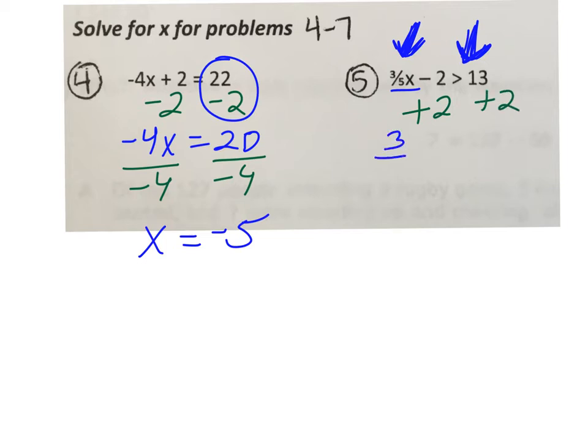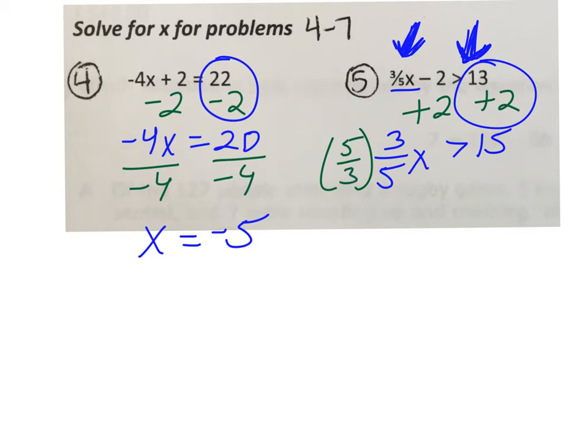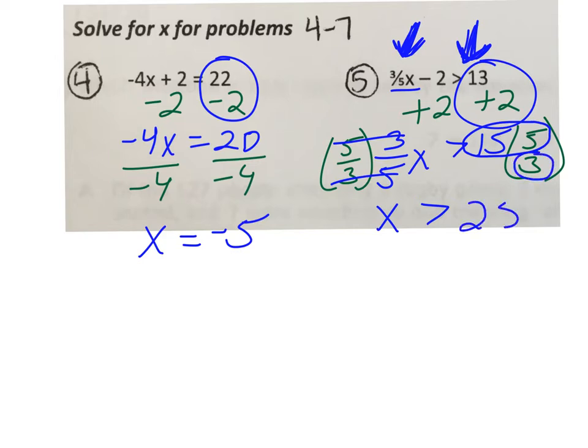Now you get 3/5 x is greater than 15 because you solved that side. Now you have to flip, or do the reciprocal of, that fraction and write it on both sides. Now when you solve that, you have x left over here because this multiplies out to 1. Greater than, you multiply 15 times 5 and divide it by 3 and you get 25. So x is greater than 25.